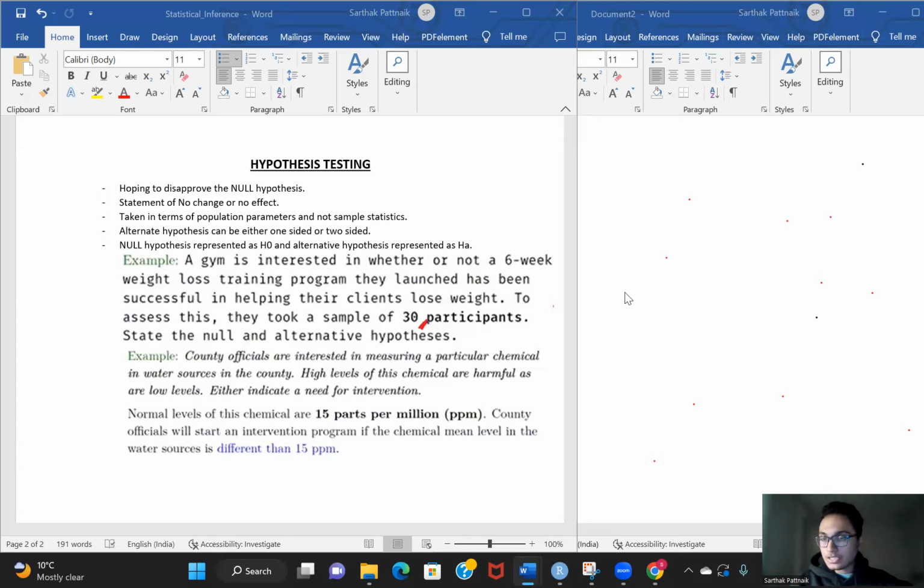Now, what we do in hypothesis testing is we follow something called a test of significance. More on that in later sessions, but to give you a brief idea, we follow a test of significance in order to surmise evidence against the null hypothesis. So our goal in hypothesis testing is to disprove the null hypothesis, or go against the null hypothesis.